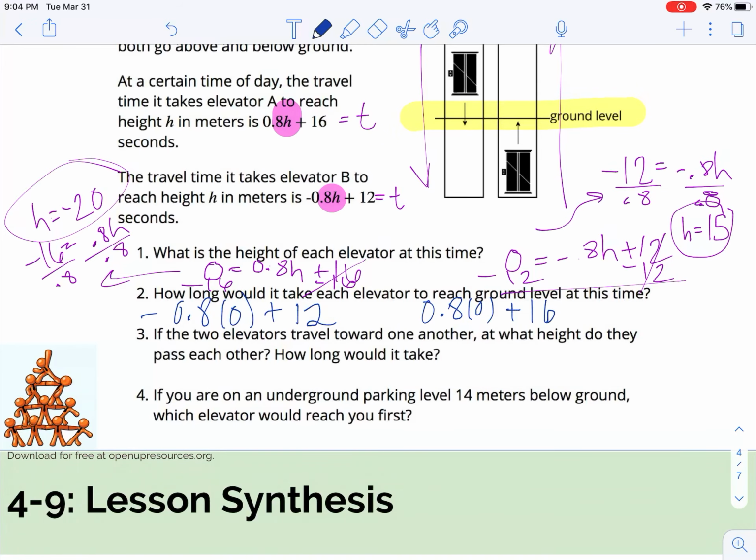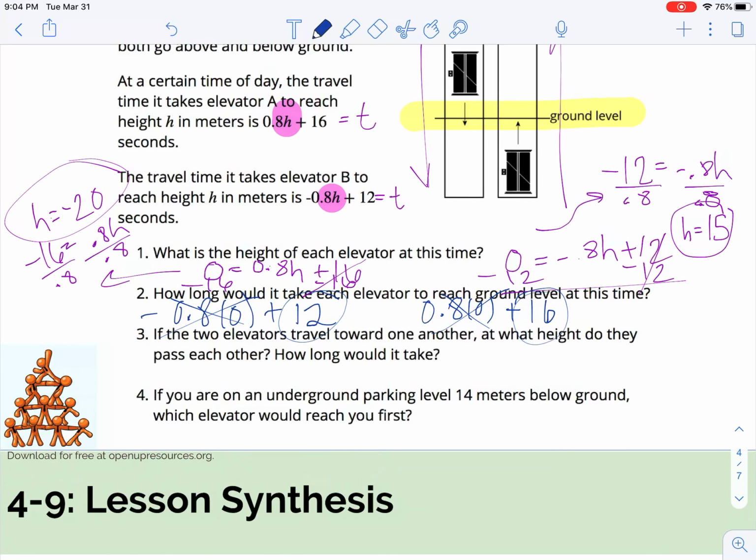Okay, so automatically if this is equaling 0, that's going to go away, right? Because anything times 0 is 0. So for both of them, you're just left with 12 on this one and 16 on this one.